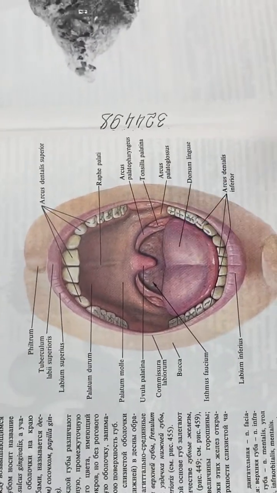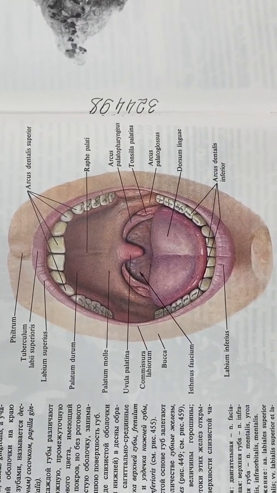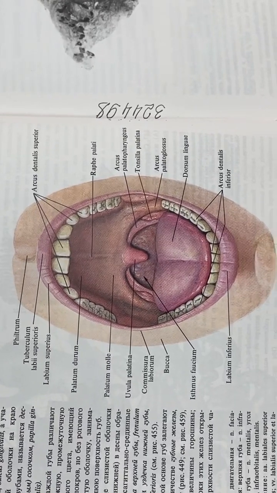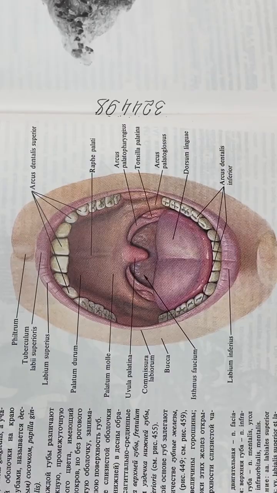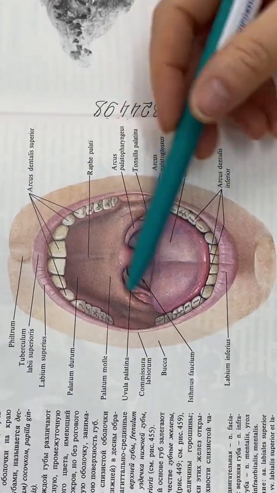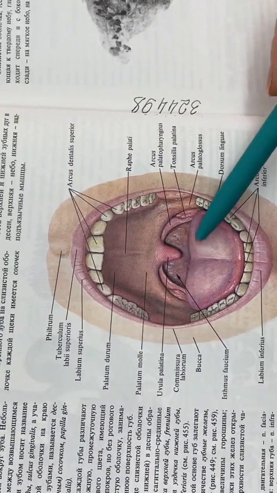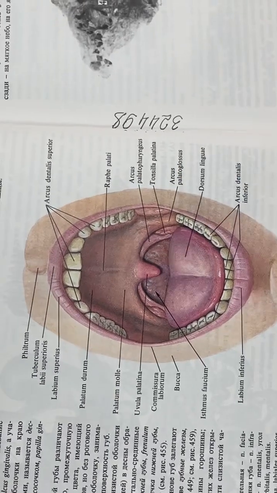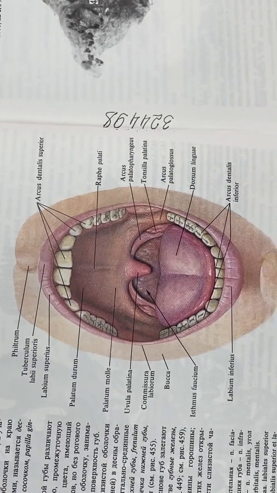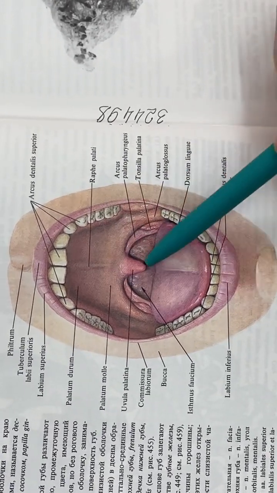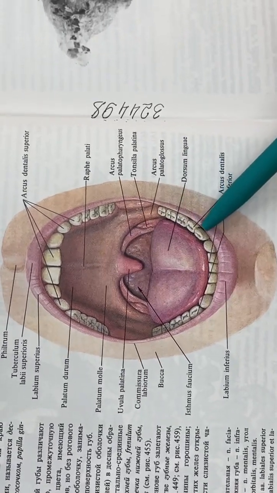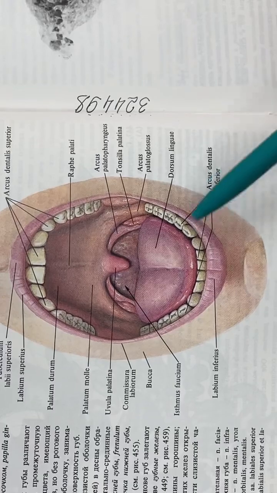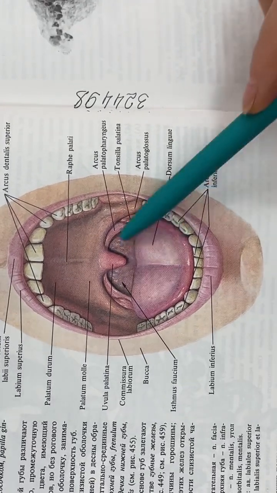When we open our mouth and say like, ah, like this, or if somebody, when they look at our throat, pushes the tongue down to see like this picture, we can see this. We see opening, which runs from the oral cavity into the pharynx. And this opening is called fauces or isthmus of fauces.